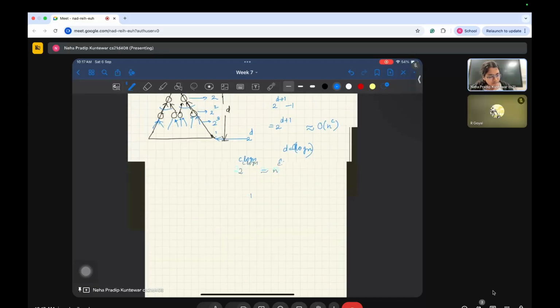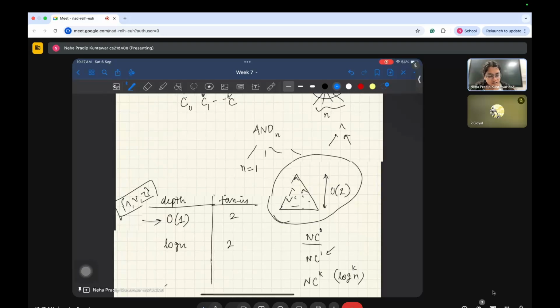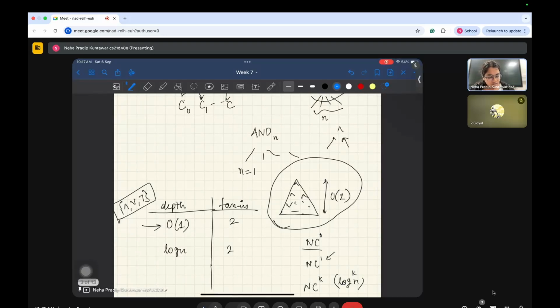So one variant that you can think of is, instead of allowing the fan-in to be constant, you make it unbounded. If the depth is the same, then we call it the AC0 class.